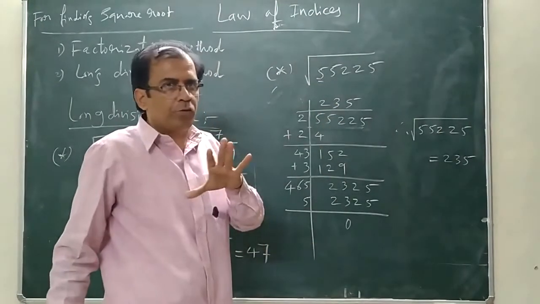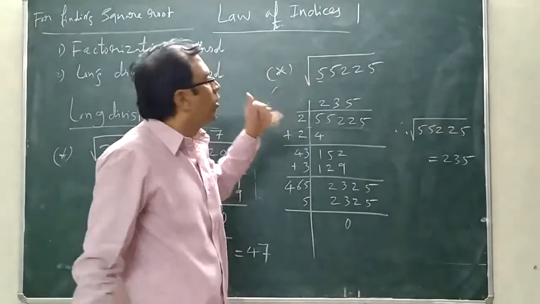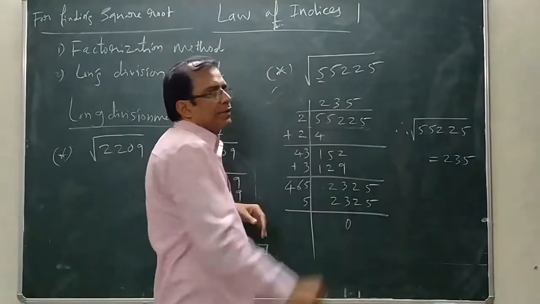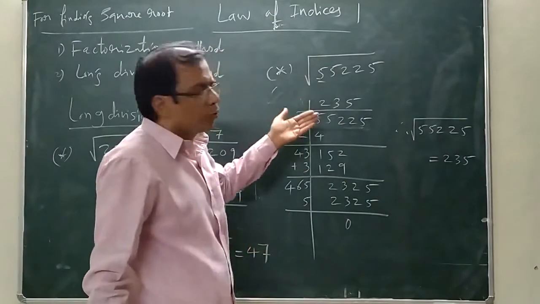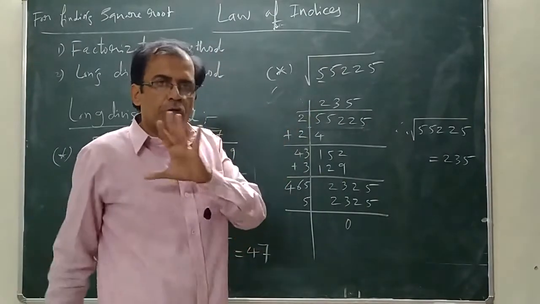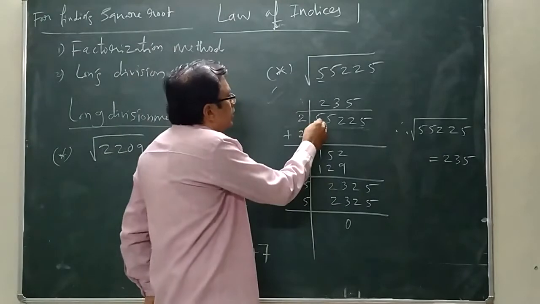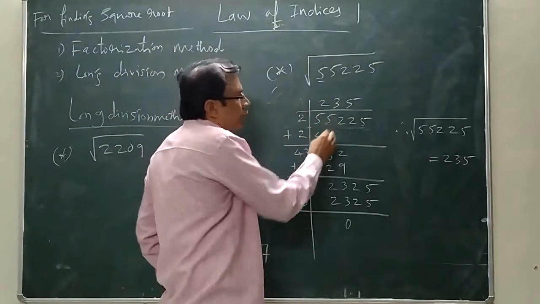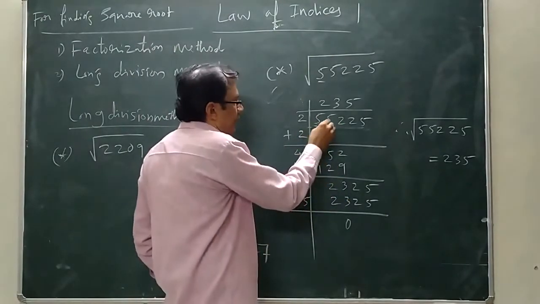You cannot take 2 because it's an odd number. Start doing the same repeat process. In 55,225 you cannot take 55, you have to take only the 5.